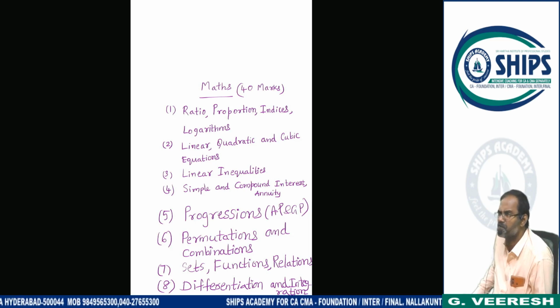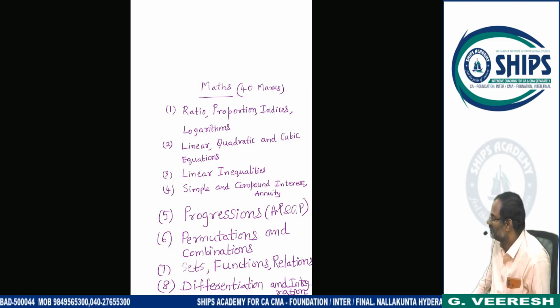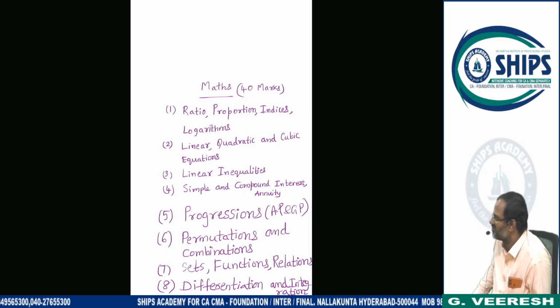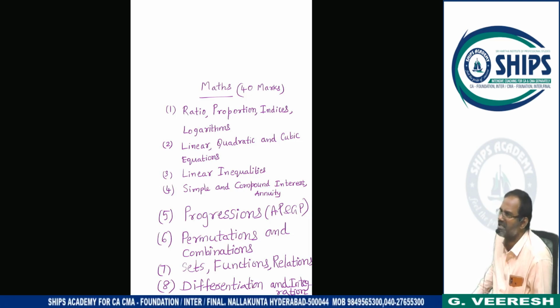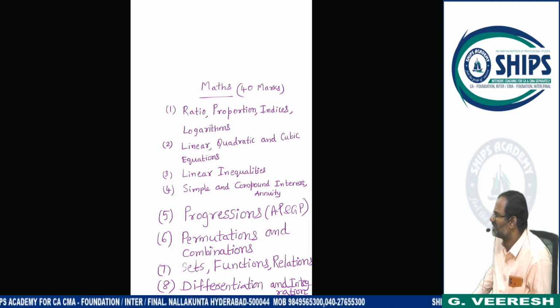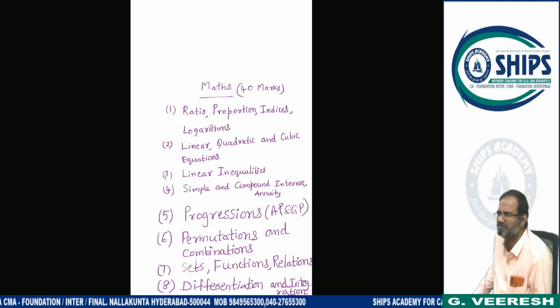Is it clear? Okay. And about the questions also I said no, sets, functions, relations will get 2 to 3 questions only. Differentiation, integration will get minimum 4 to 6 questions. Okay. So overall we'll get 20% means 8 questions, minimum 8 out of the 7th and 8th chapter.